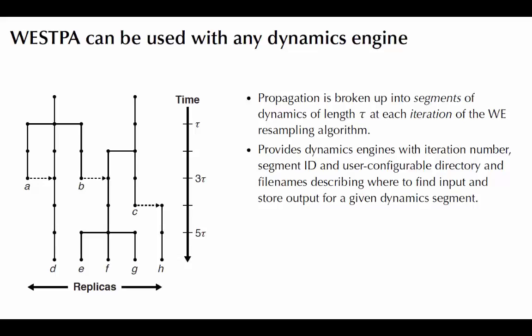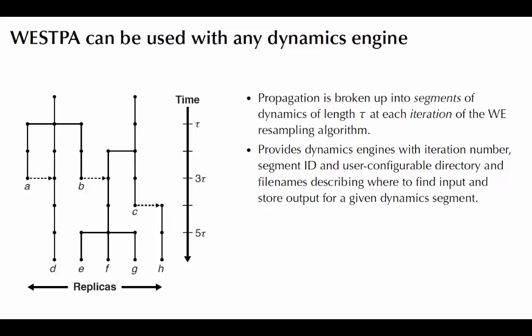Specifically, what iteration number are we on? Are we on the first round of propagation before resampling? Are we on the second round of propagation following the first resampling? Are we on the third round following the second resampling? We provide our dynamics software with what iteration of the algorithm we're on. We also assign every one of these little tau-length segments of dynamics an integer that identifies it, a segment ID.